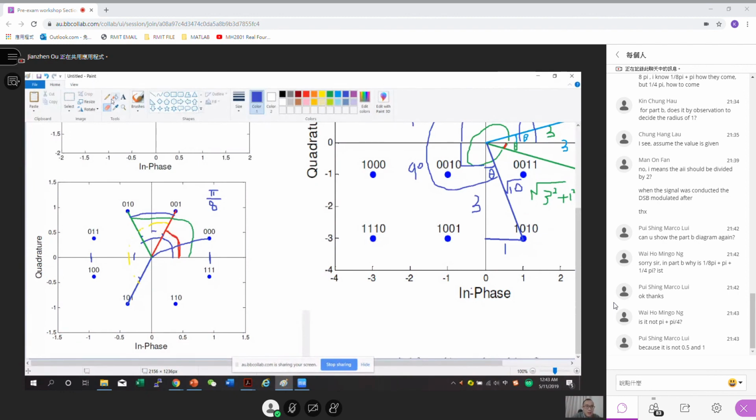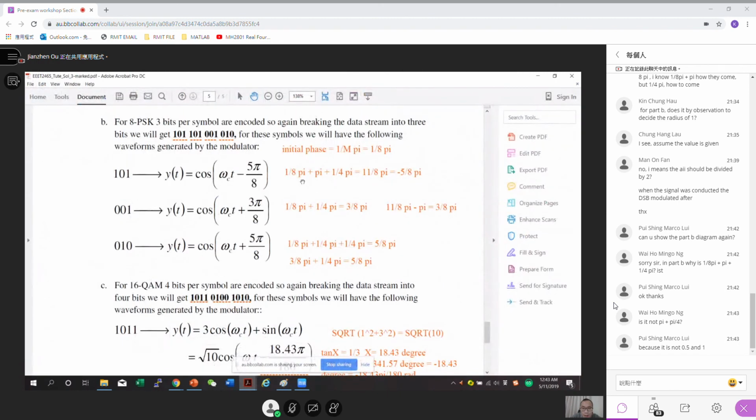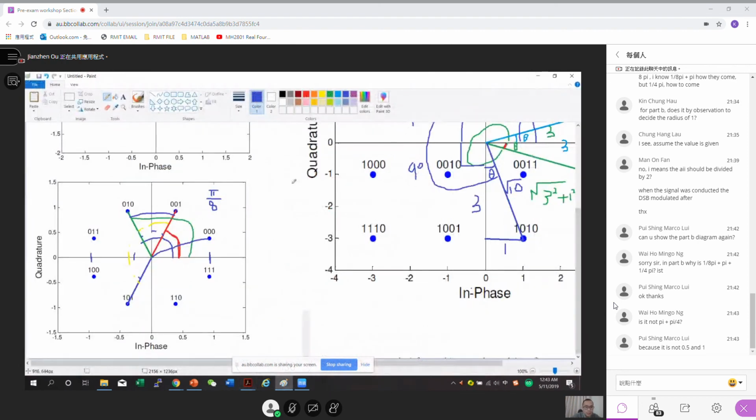Okay, and it's two options, right? So in here, we say it is 1 over 8 pi plus pi plus 1 over 4 pi, right? Let me make it a bit simpler.